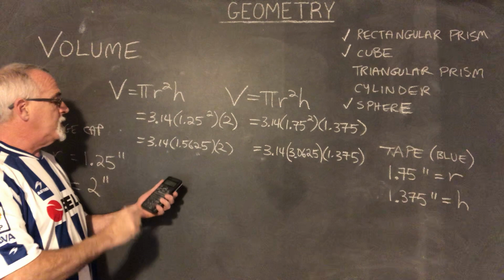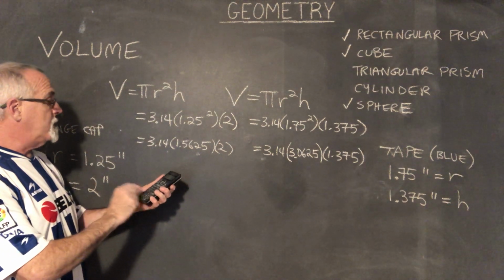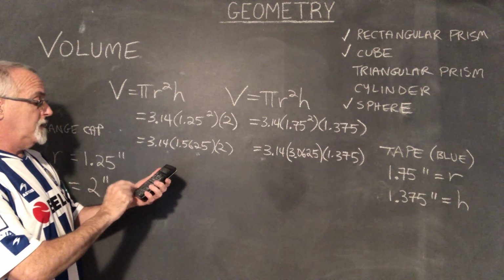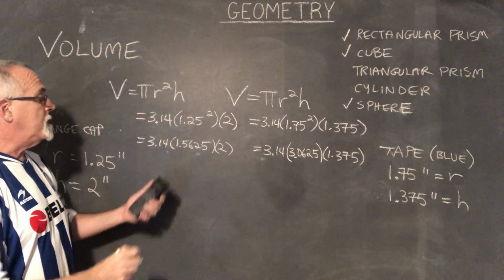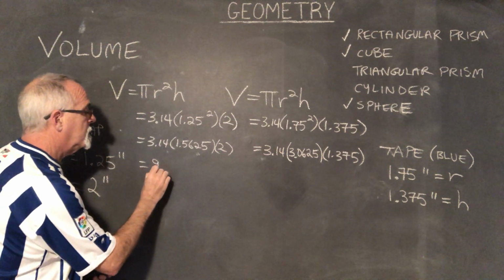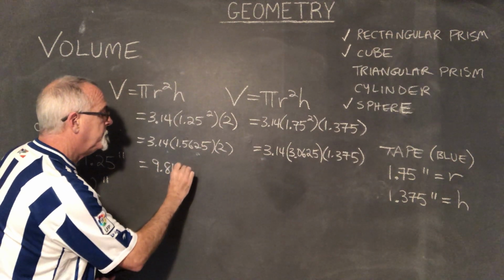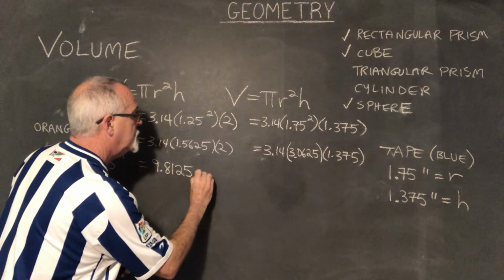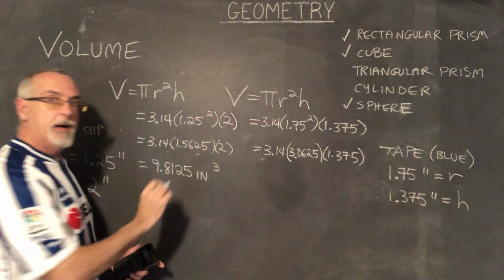Now we just have multiplication to do. 3.14 times 1.5625 times 2 equals 9.8125. It was inches that we measured in, so this is going to be inches cubed.